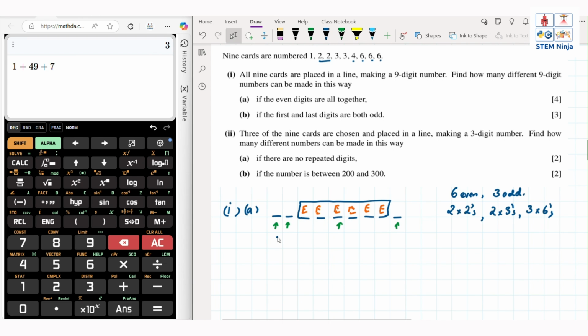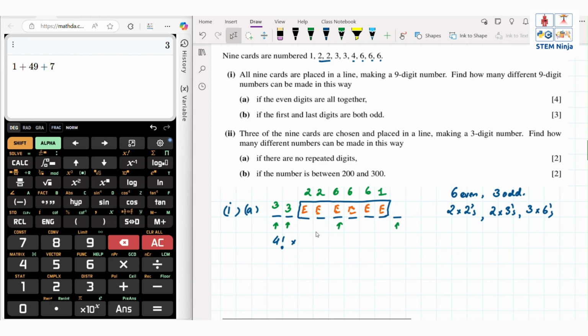So total units 4 factorial. And of these 4 outside, you have 2 3's also, so duplicates. And inside the even group, you have 2 2's and 3 6's. So we have to take care of these duplicates also.